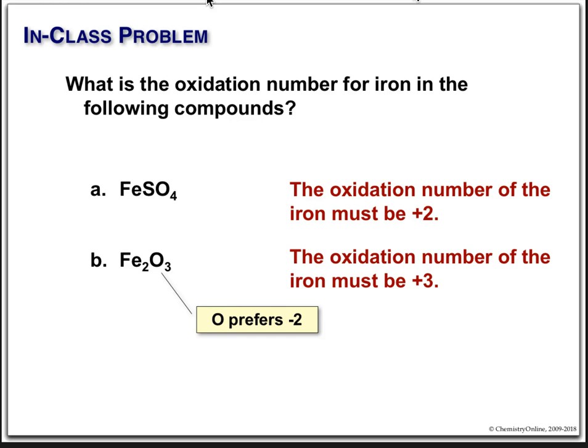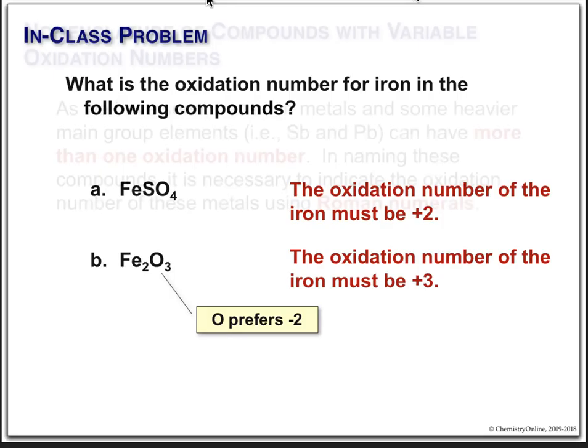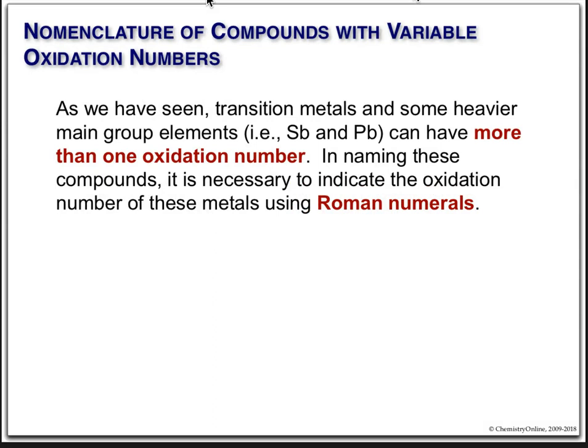All right, so how do we put this in our name? We saw it earlier for nickel. What you're going to do is figure out the charge, put it in parentheses in Roman numerals immediately after the cation. No space. No space. That's important.